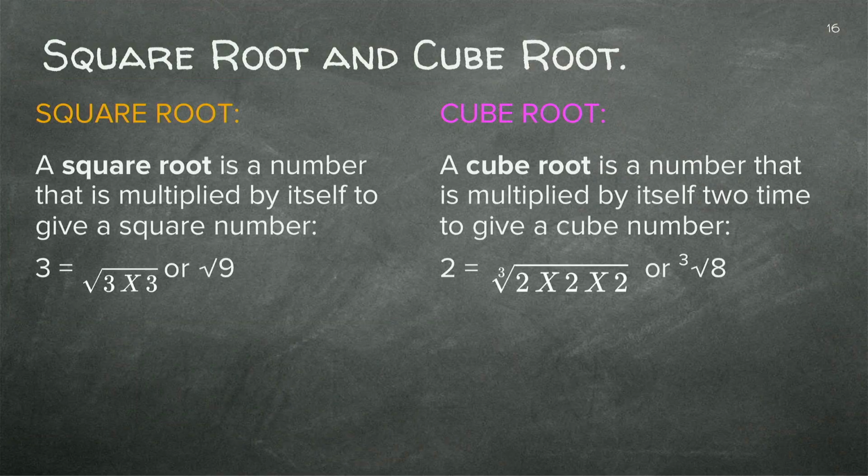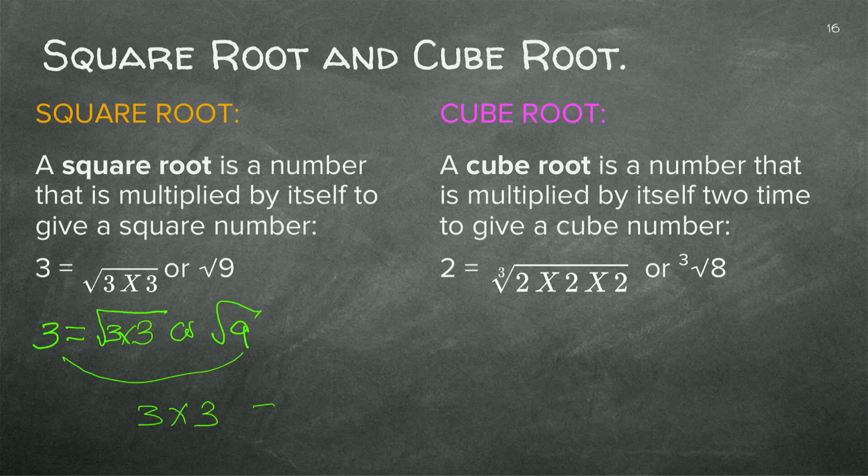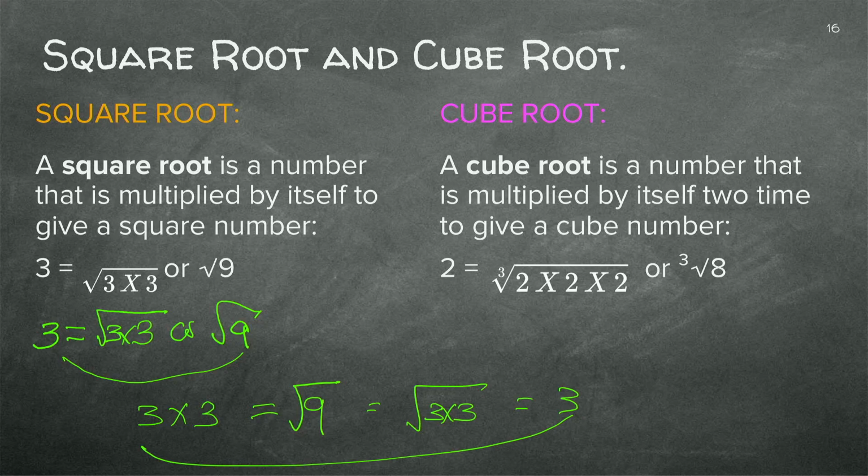So a square root, for example: 3 times 3 equals 9. Now if we want to find the square root of 9, this is our sign for square root, it will give us 3, right? So remember how we do it. The square root of 3 times 3 equals 3. That is the inverse operation.